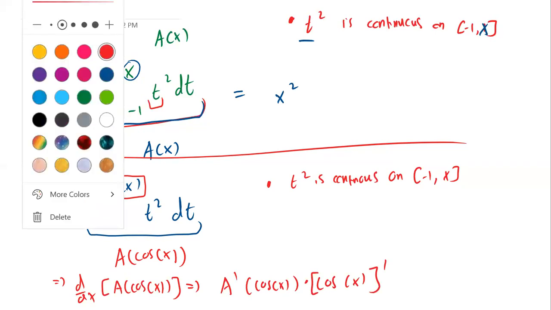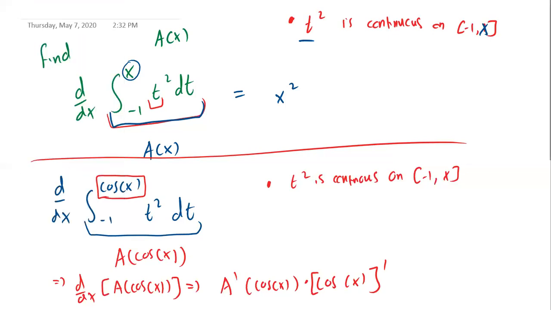Right. What is this equal to? Well, we know what A prime of x is. Just replace the t's with x. We found that here. And so whenever you want to find A prime of something that's not x, but an expression involving x, first find A prime of x, and then just replace the x with cosine x.